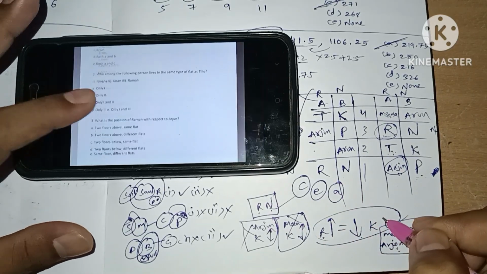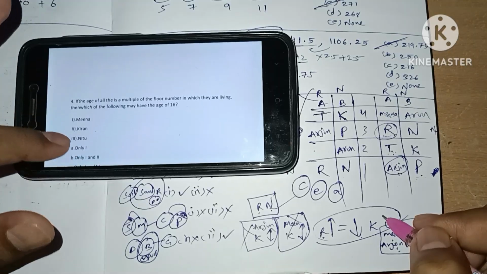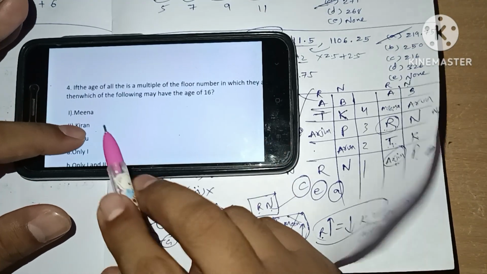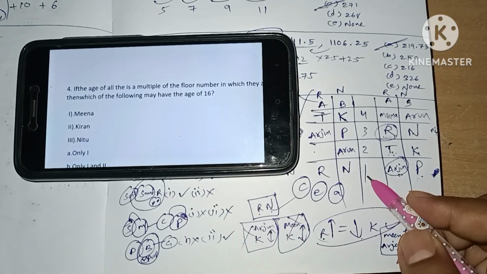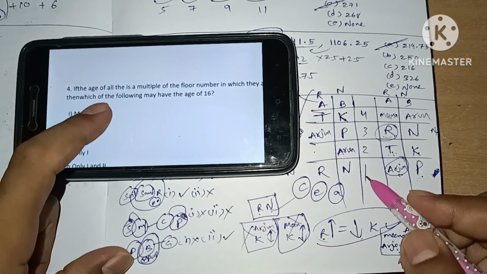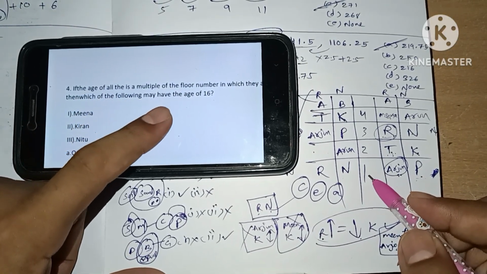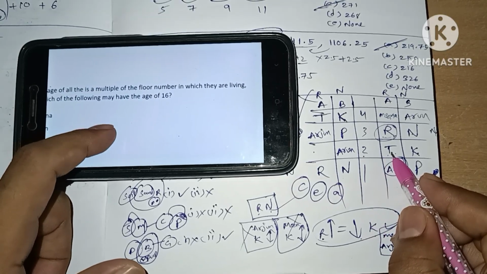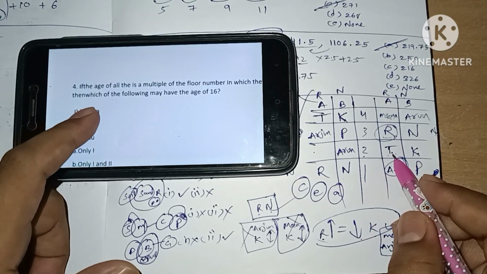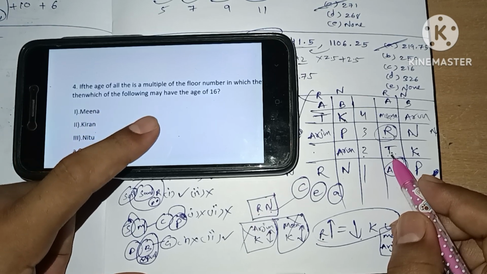Next, fourth question. Sorry, if the age of all is a multiple of the floor number in which they are living, then which of the following may be the age of 16?